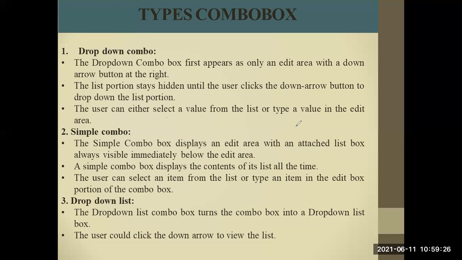Then the user can select any item from the list or type the item in the edit box portion of the combo, same as we did in the drop down combo box. So if the requirement of the user is available in the list, then the user can select it from the list, or if it is not available, then the user can go for typing it.